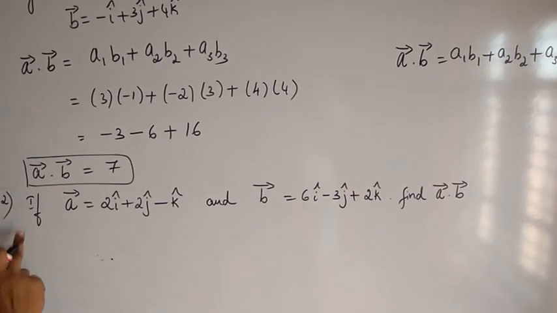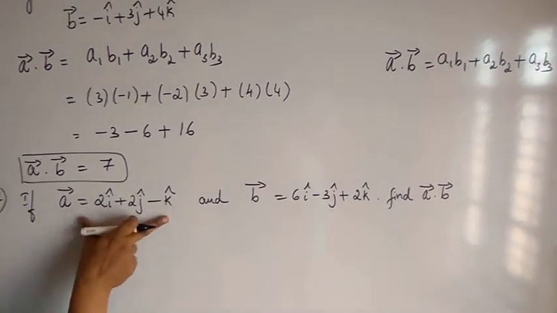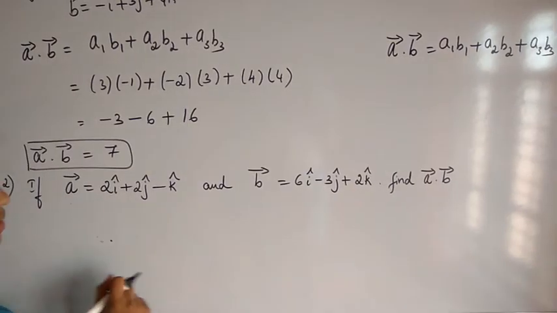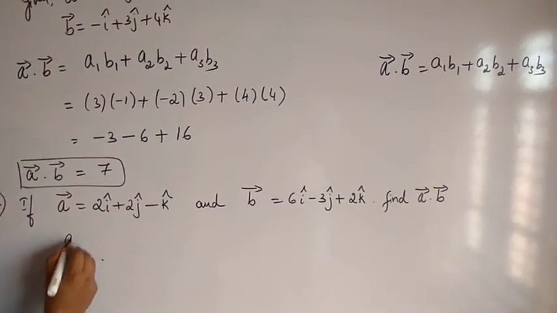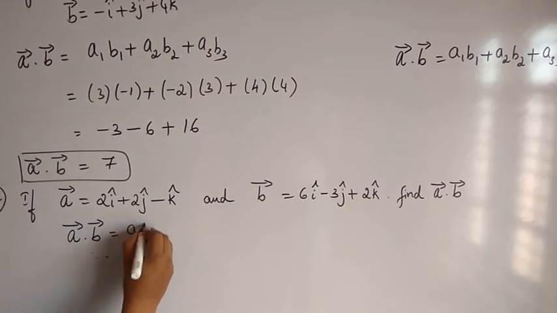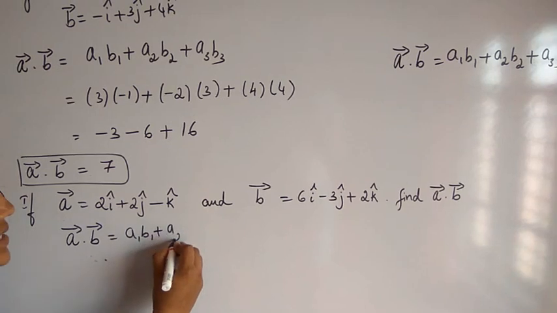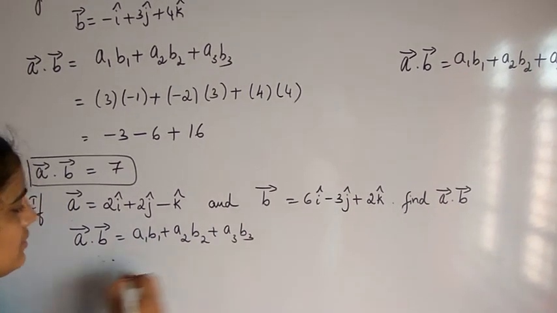So next one, again given vector A and vector B in component form, we have to find the dot product. That means we have to use the same formula, that is vector A dot vector B. Formula is A1 B1 plus A2 B2 plus A3 B3. Okay.